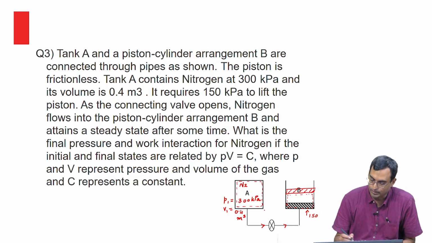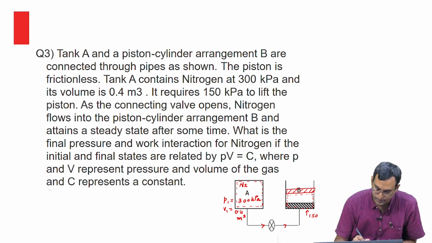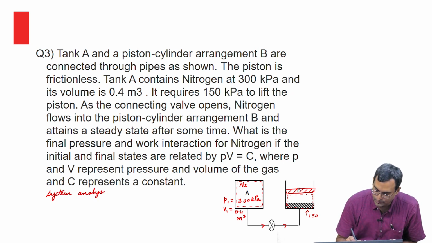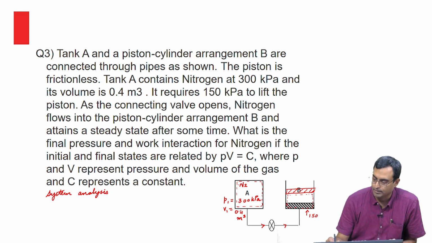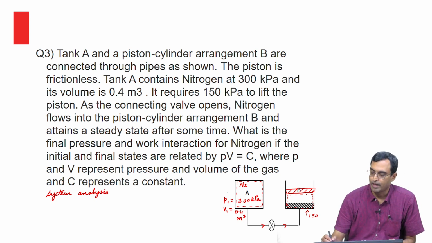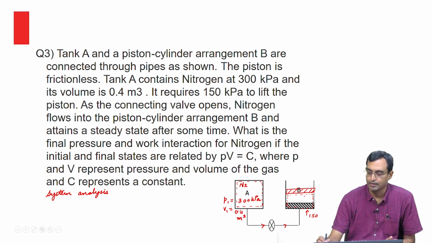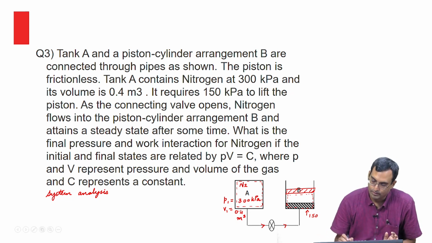So, let us see what is known. We know that the mass is constant. We are going to do system analysis, and we have identified the system, which is the mass in tank A initially and the mass in tank A plus B finally, both of them are the same. So, that is our system. The substance is nitrogen.